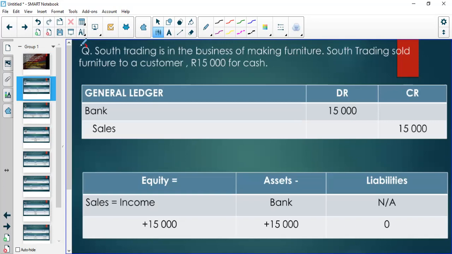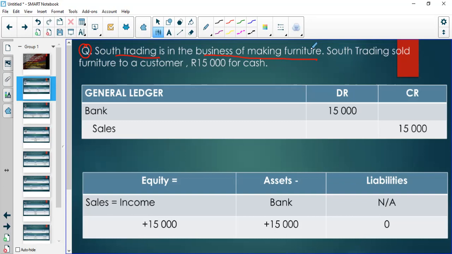So we have, in this case, South Trading, which is in the business of making furniture. Why should we know the business that an entity does? So that we can distinguish between whether the transaction affects inventory or other accounts.